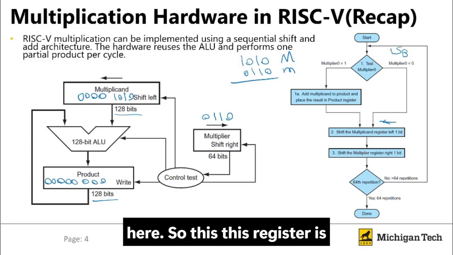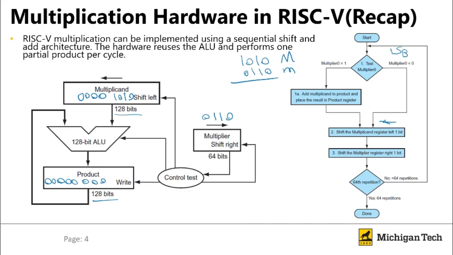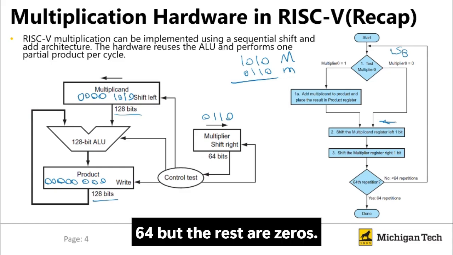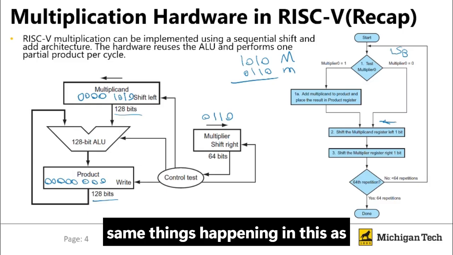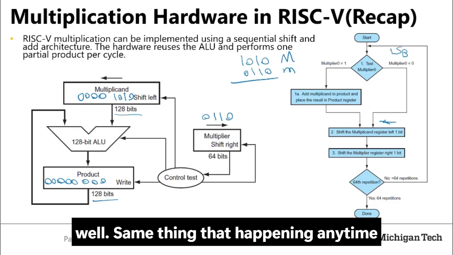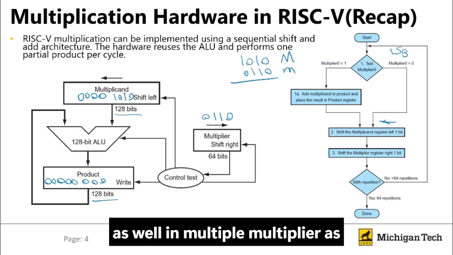So this register just has these 64 bits, but the rest are zeros. We are kind of wasting registers in this. The same thing is happening in the multiplier as well.